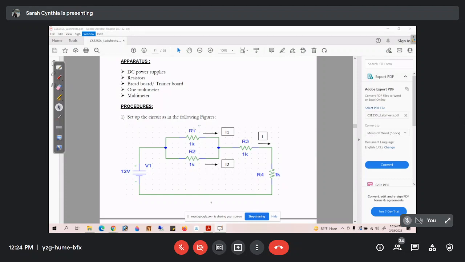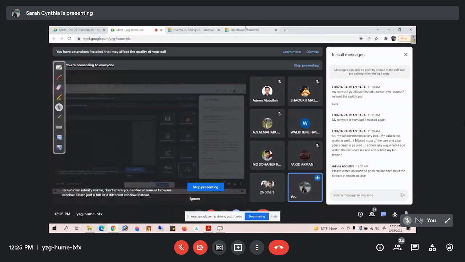R1 and R2 are connected in parallel, and R3 and R4 are connected in series. We have to build this circuit on Tinkercad. So let us all move on to Tinkercad.